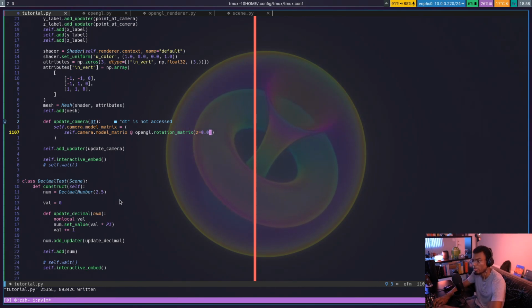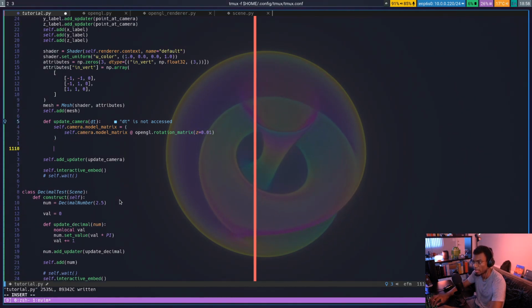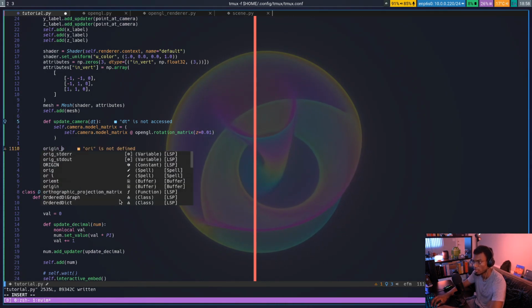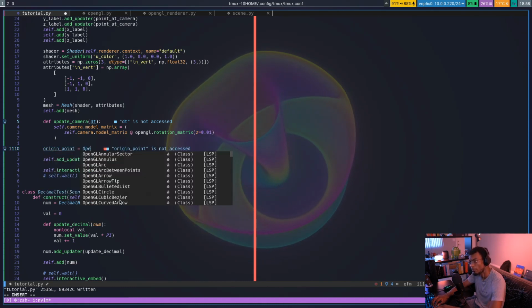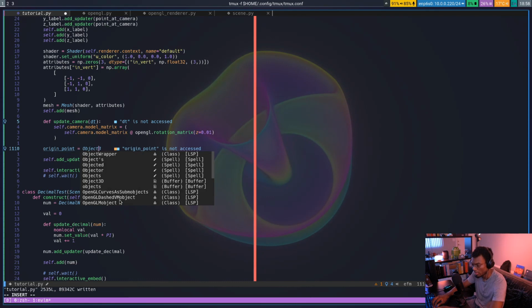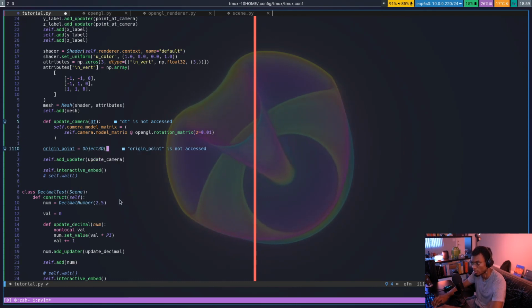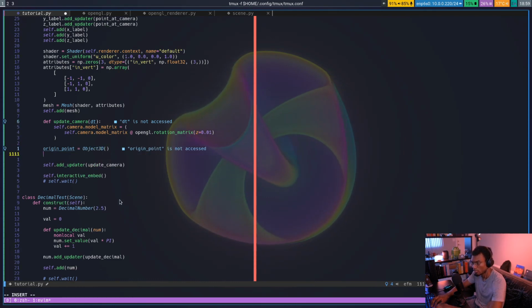What I might be able to do is add the camera to an Object3D, say like an origin point or something. I don't even know if Object3Ds work on this branch.